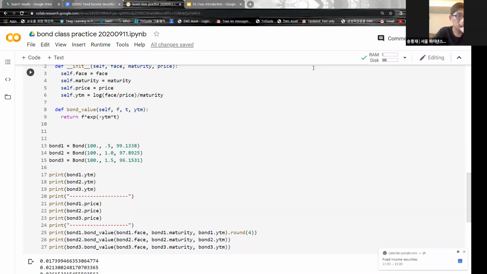Professor, I have another question. You mentioned the bond's annualized return for YTM. Should we use a geometric mean or arithmetic mean while calculating YTM? What does it mean by geometric mean? In finance, everything is geometric mean. When we say mean, it is usually geometric mean, not arithmetic mean.